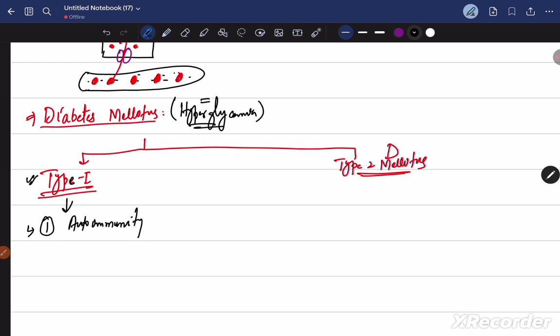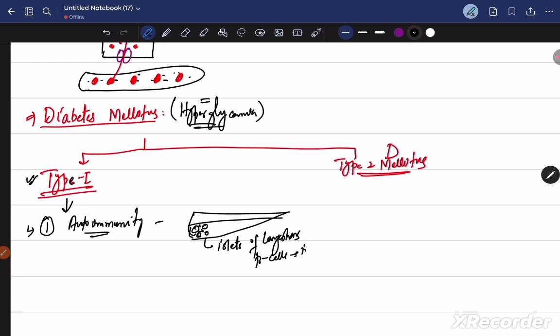What happens in autoimmunity? Suppose this is the pancreas. In the pancreas, I told you, there are clusters of endocrine cells known as the islets of Langerhans, and inside these islets of Langerhans there are beta cells that secrete the insulin.